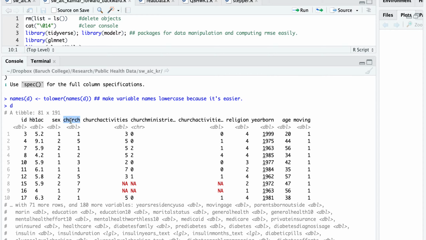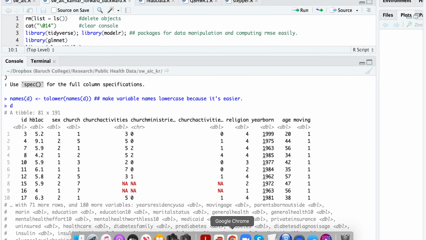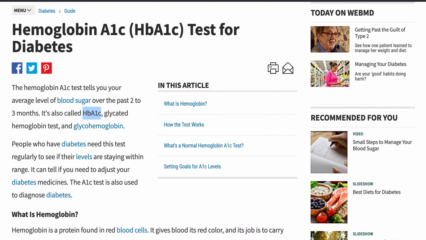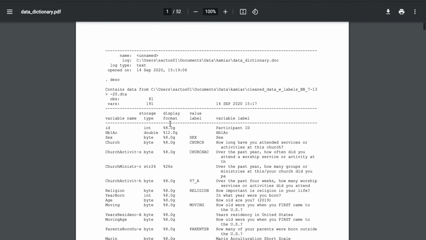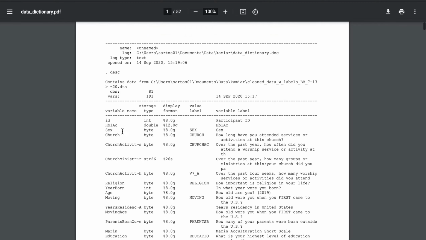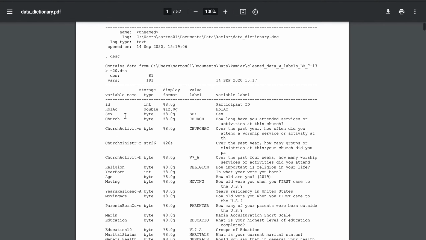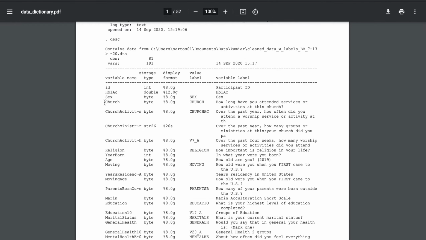Gender, church activities, what are these? We learn about them here in the data dictionary. Church: how long have you attended services or activities at this church?